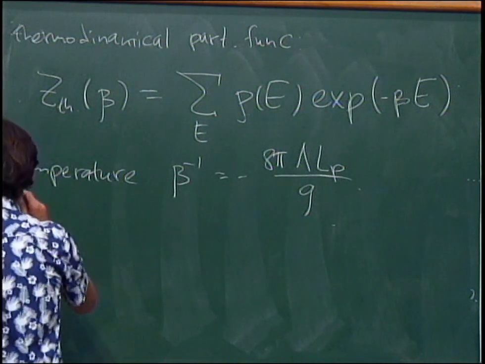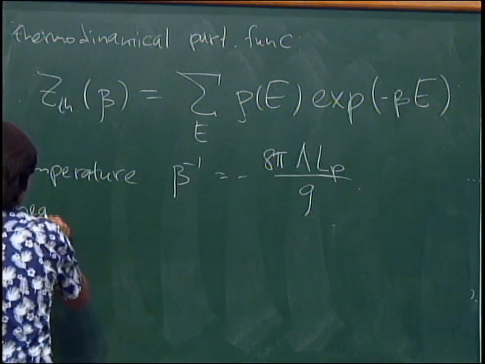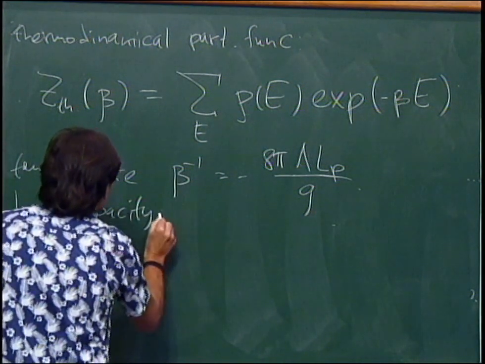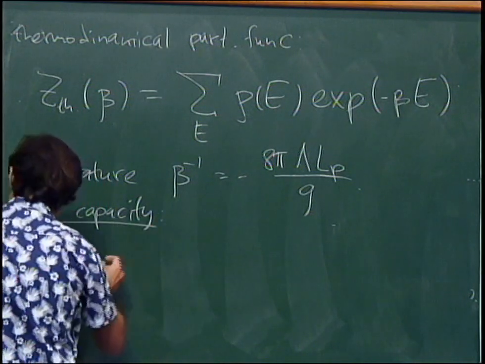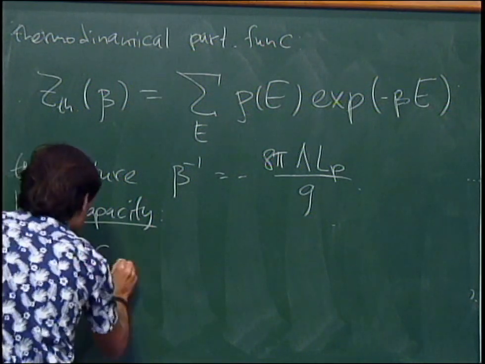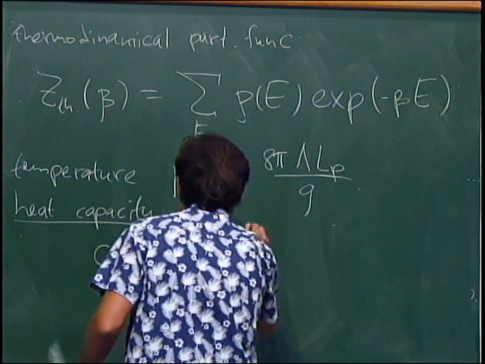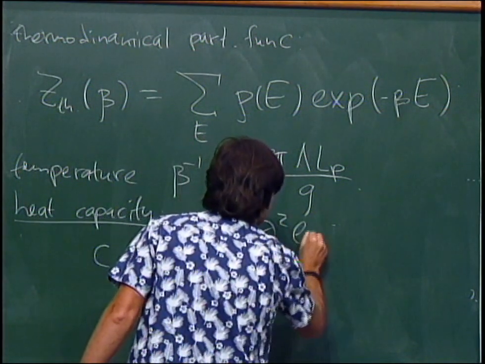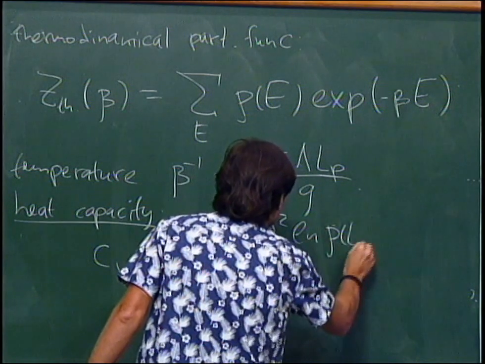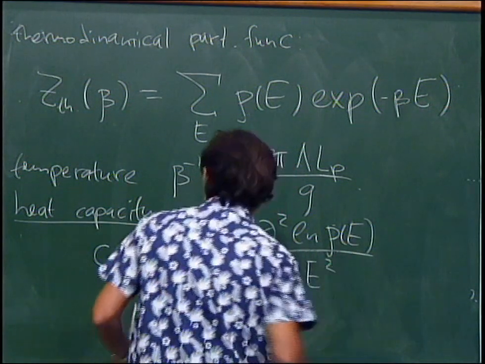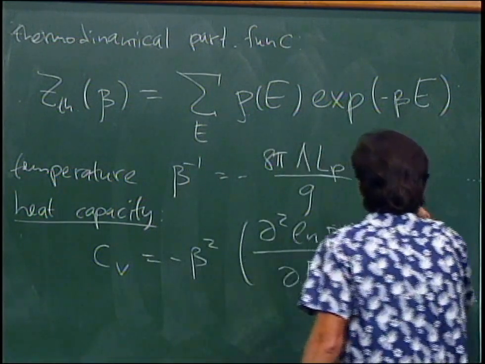So heat capacity is the following thing: C_V equals minus beta squared times the second derivative of the logarithm of rho, inverse.